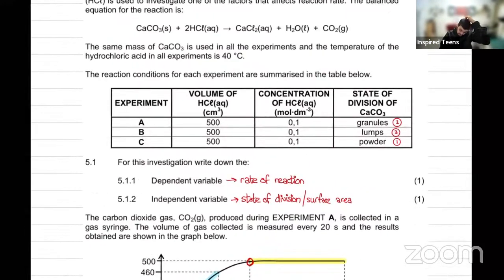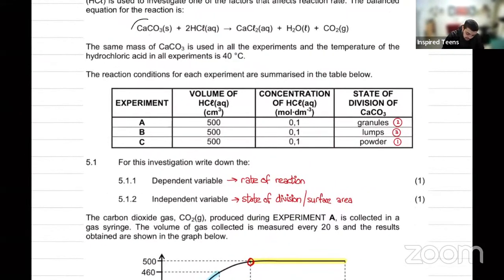So as you can see, we don't affect the amount of CaCO3. We just change the state of division. The volume and concentration of HCl remains constant. So basically, this is constant, this is constant, these are both constant.